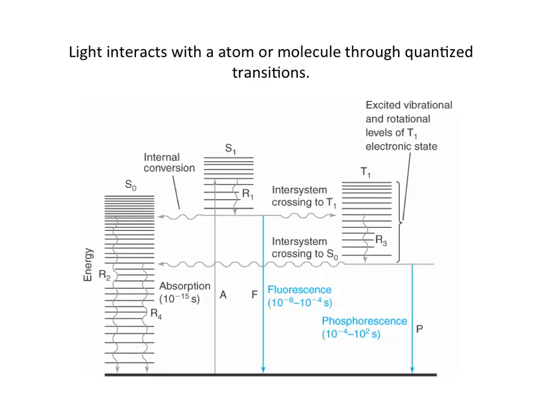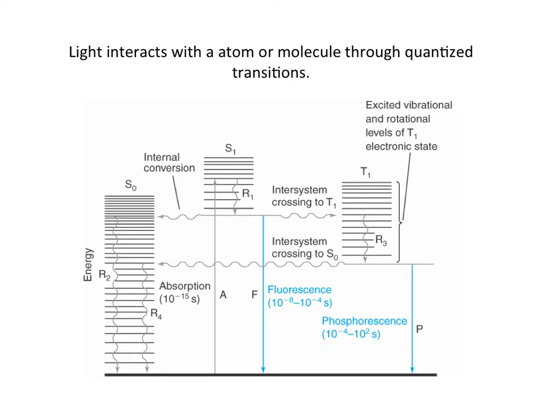The energy of light is important because it is the absorption of quantized units of energy that results in absorbance. This diagram shows a number of different spectroscopic transitions: absorbance, fluorescence, phosphorescence.